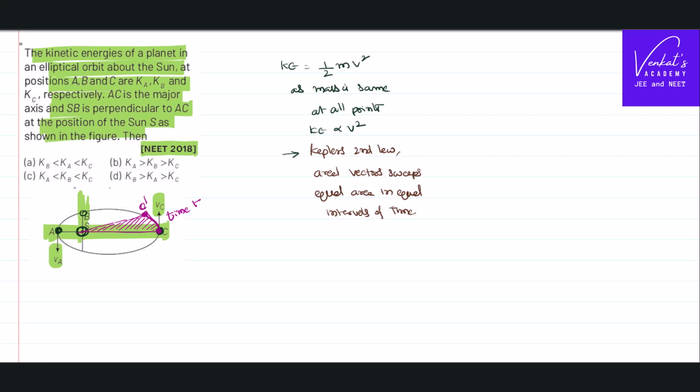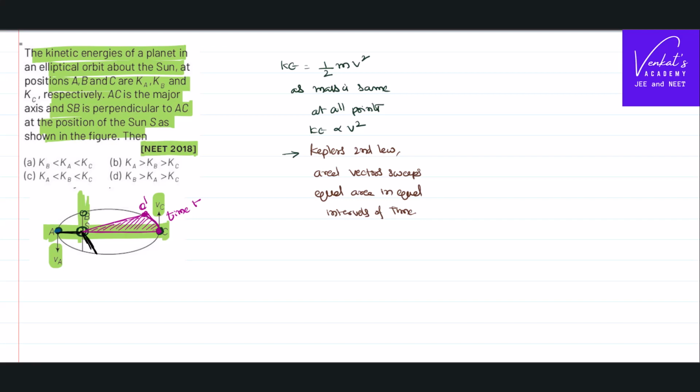Whereas when it comes to the point A here, in the same time t, it has to cover the equal area. But if you see this sector is having a longer length, but this sector is having a shorter length.